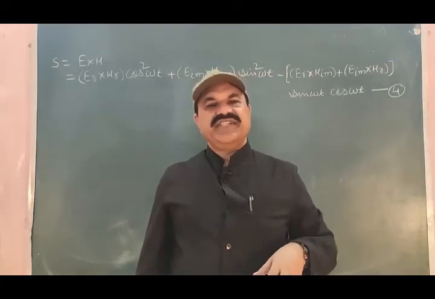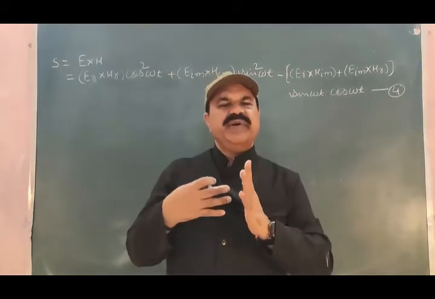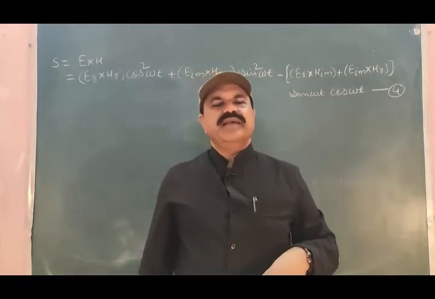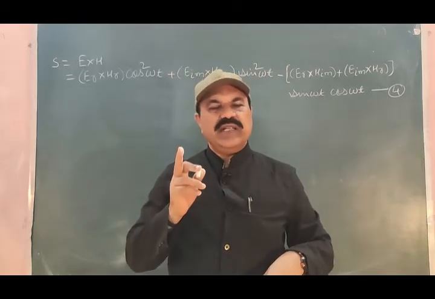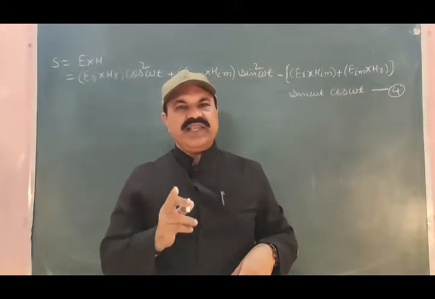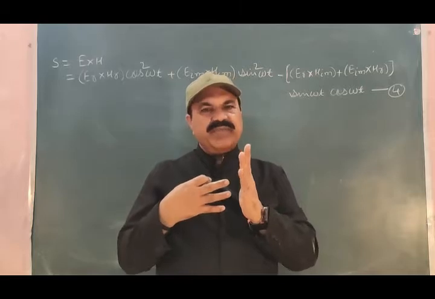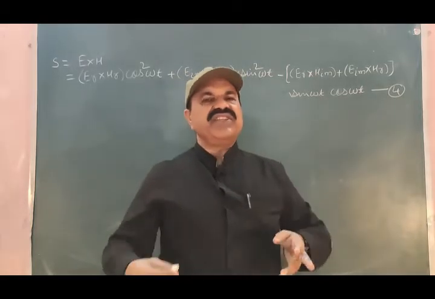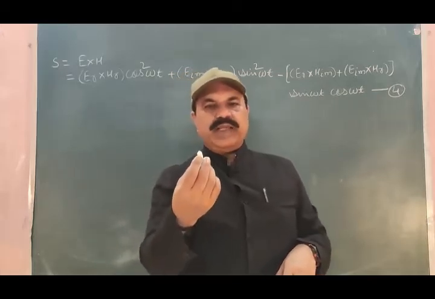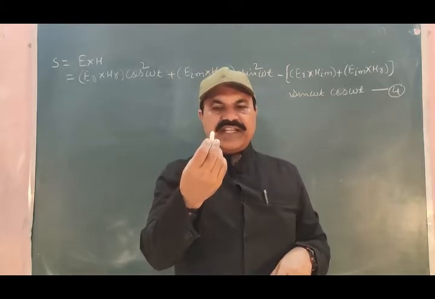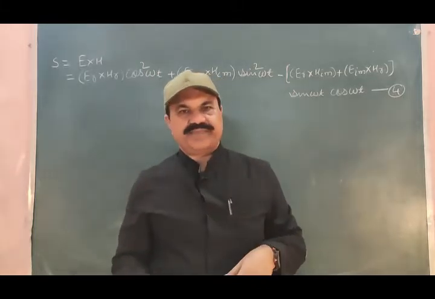Whenever we want to find the intensity of light, or the amount of energy crossing unit area held perpendicular to it per unit time, we have to consider the Poynting vector, because only the Poynting vector provides us the amount of energy crossing unit area held perpendicular to it per unit time. We may take this as intensity. If we have a source of light and we want to find the intensity of light emitted by this source, it is enclosed in a closed surface.